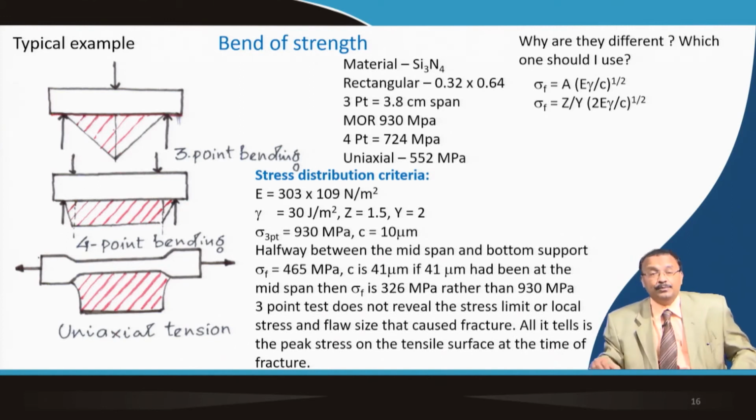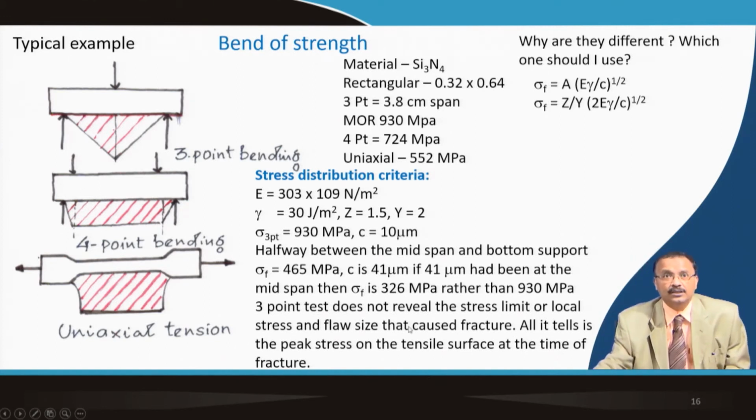Now, this is an example. A sintered material is formed in the form of silicon nitride. It is a rectangular size 0.32 by 0.64 centimeter cross section, and in case of 3-point this span was 3.8 centimeter.